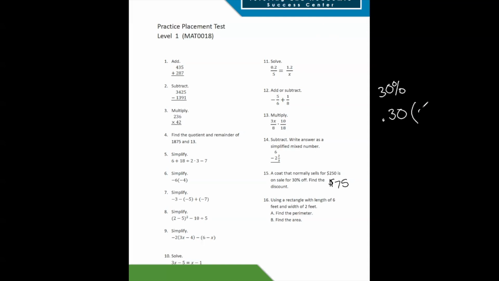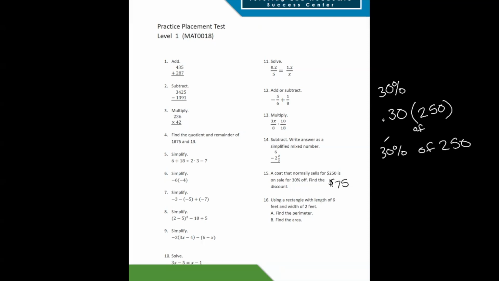And I'm going to multiply that times $250. I'm asking what number is 30% of 250. 30% of always means multiply. So whenever you see or hear the word of, that means multiply. So 30% of 250. You can type that into your calculator.